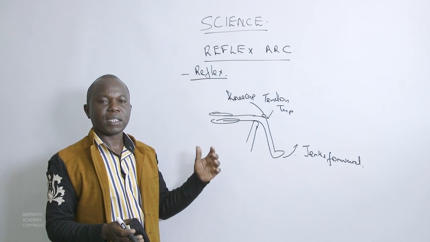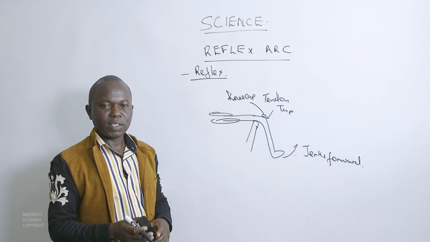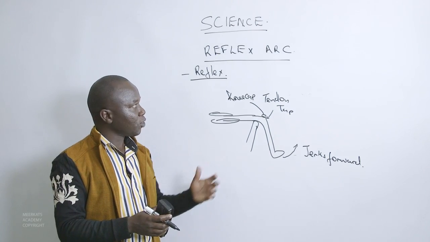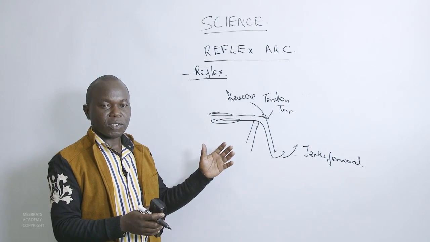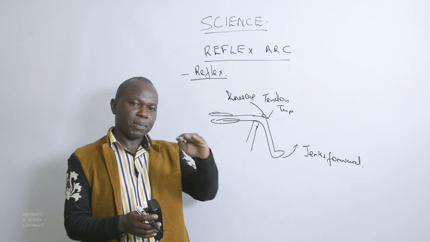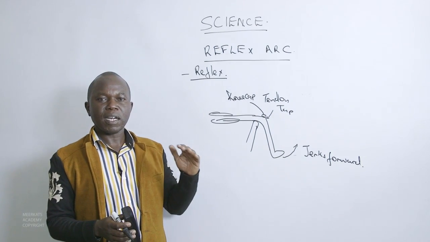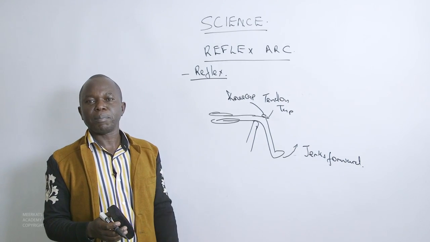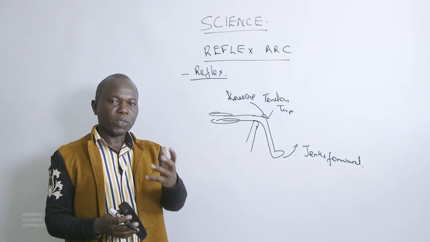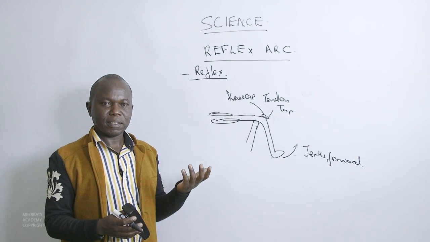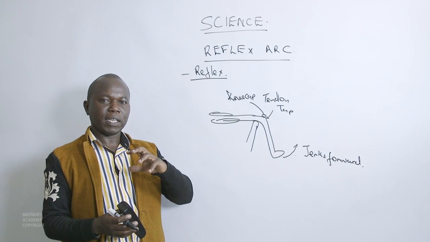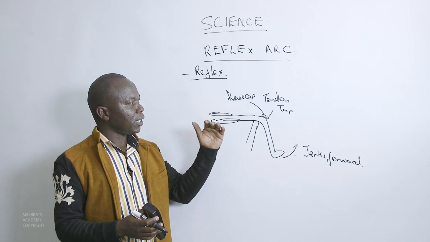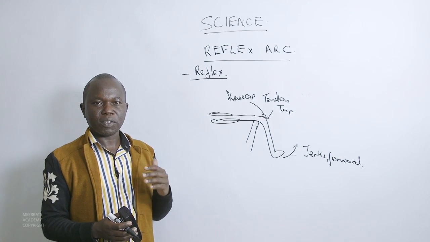Salivary glands will secrete a lot of saliva just to prepare your system for feeding. So those are examples of reflex. If you look at the examples that I've mentioned, these are involuntary responses. Whether you like it or not, it's going to happen. When you inhale dust, if that urge to sneeze comes, you cannot stop it. You are going to do it, whether you like it or not.